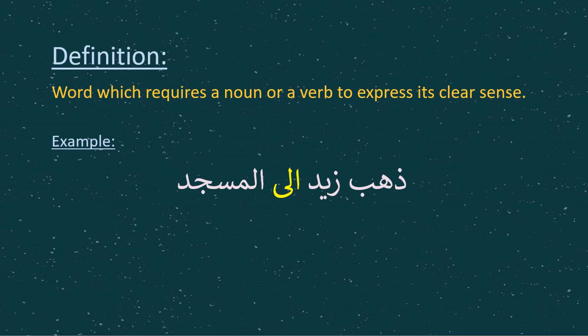If it was used without a noun or a verb, we were not able to understand it. So it can only create a true sense with the help of a noun or a verb.